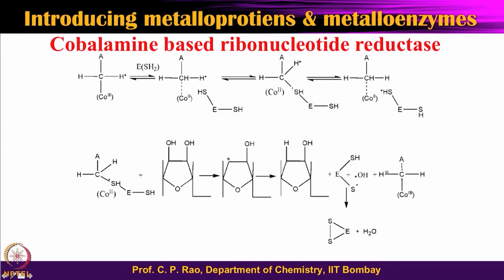When the substrate, here a ribonucleotide, binds, there is a change in the conformation that will make the cobalt carbon bond somewhat weaker, and that can break down to give the cobalt and carbon as a radical, which is transferred to the dithiol function and to that of the substrate in the ribosyl part, and then the ribosyl part accordingly loses the OH with the addition of H as water, and then the dithiol moiety undergoes oxidation, and this oxidation will bring it back.